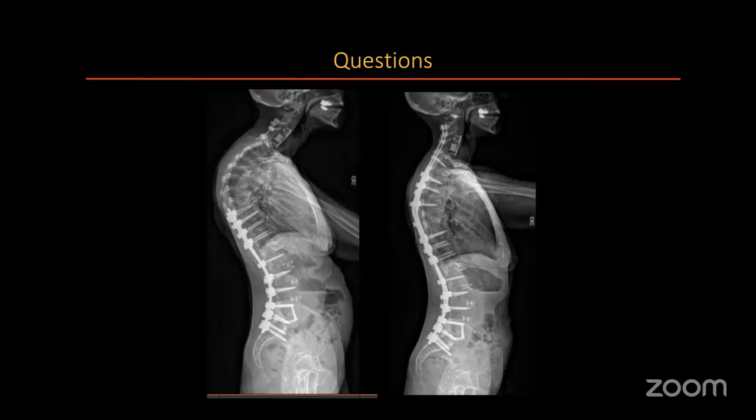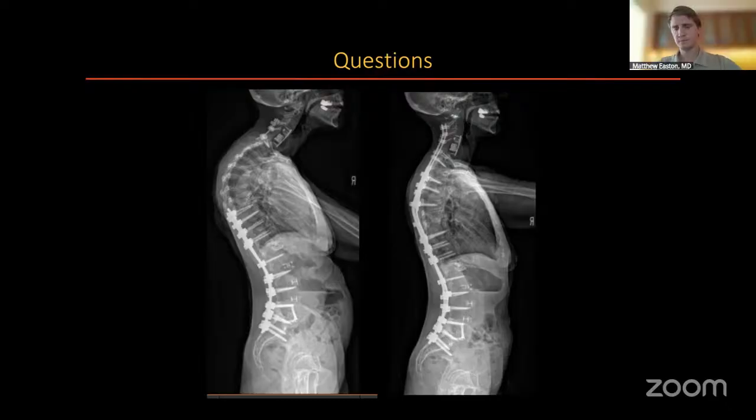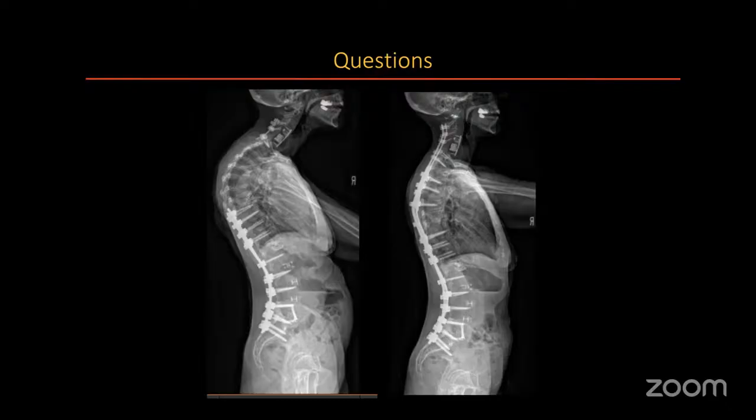I think this case represents, she's got a high T1 slope, but she's been fighting this thoracic kyphosis all of her life. She never really presented with thoracic back pain. She had a lot of lumbar pain for her index surgery. And we just knew that was going to come back to haunt us down the road.